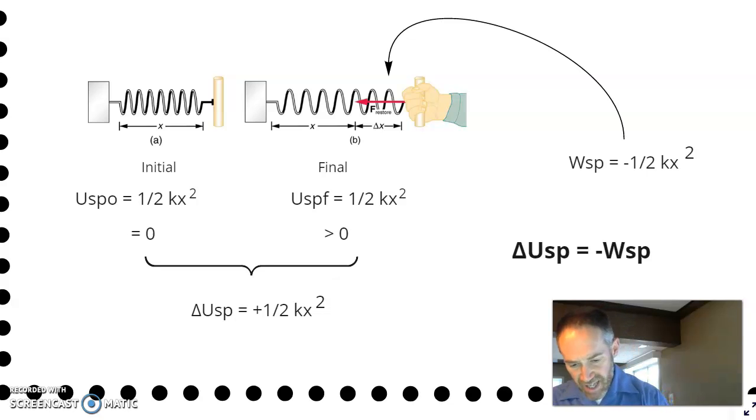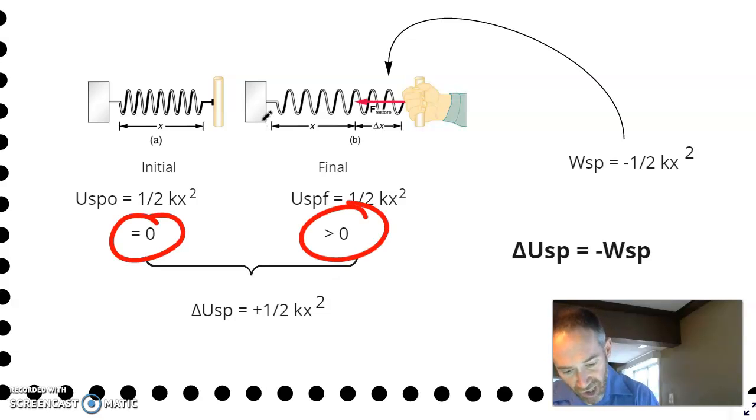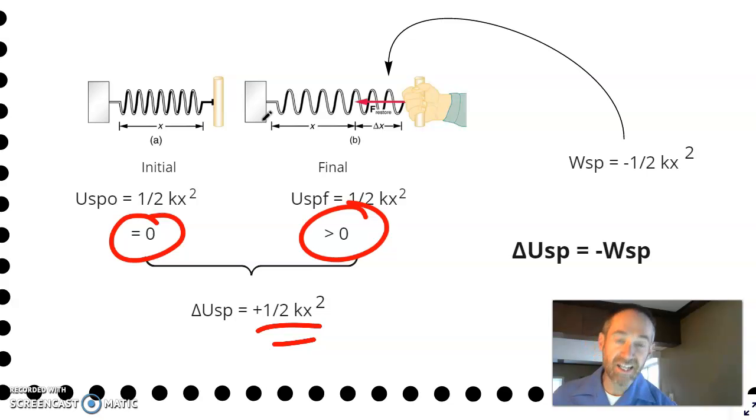So you can see that the amount of spring energy has increased. It went from 0 to something more than 0. And so how much? Well, positive 1/2 kx squared. Now, the spring acted negatively that whole time. And you could see that the spring did negative work, and guess how much?